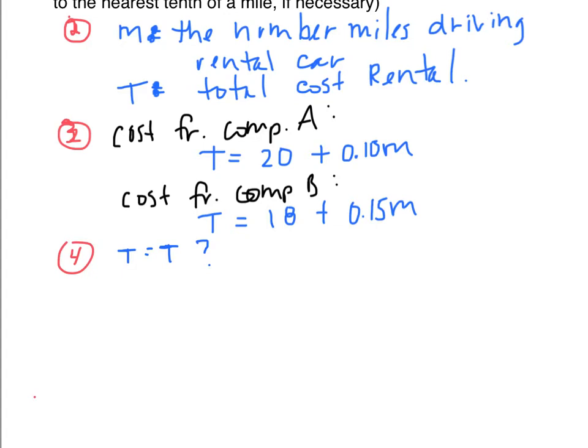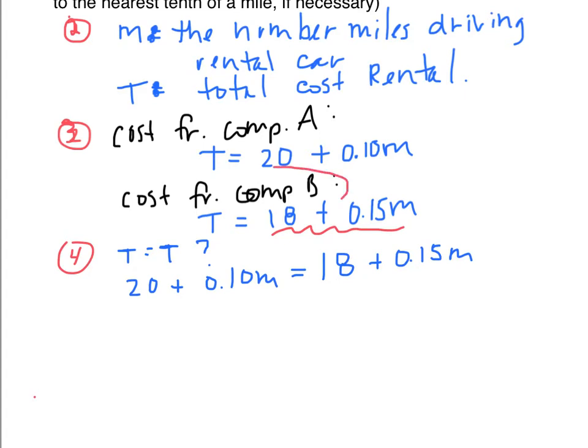Okay, so I can use the substitution method and say if the two costs equal each other, then this amount equals that amount. I'm basically taking this here and putting it in here, or the other way around.